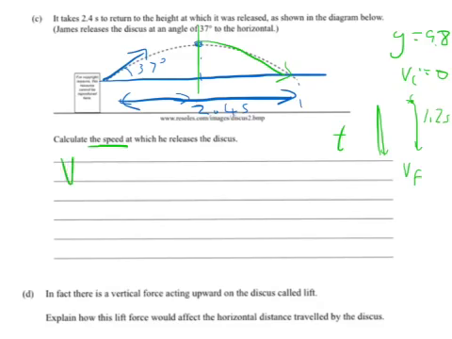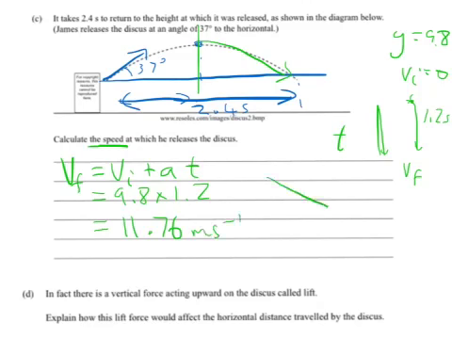So we can find Vf equals Vi plus at, which equals, because Vi is 0 at the top of the flight, 9.8 times the time, which is 1.2. That'll give us a Vf of 11.76 meters per second.